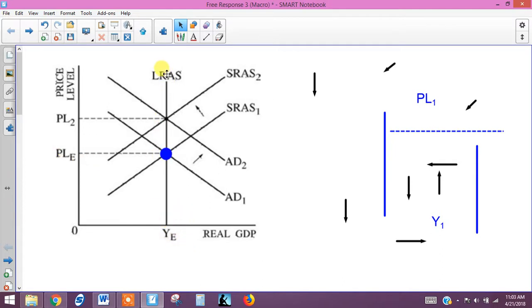And you want to make sure you have your long run aggregate supply curve running vertically through that point. So that's what you want to do to begin with. You don't need to show any shifts yet, but you're going to show them, and you can do this all in one graph if you want. So you're going to actually be building this graph as you work through the question.